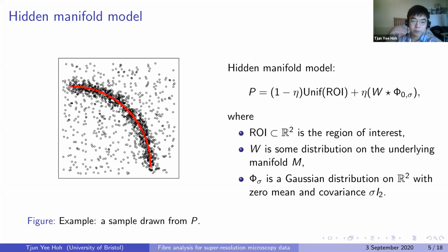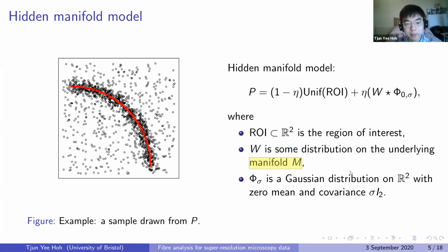Okay, so how do we model our data? The way we do it here is we consider a hidden manifold model. So in the first bit, we have a uniform distribution on the region of interest, which simply governs the background noise. And the second part, we consider a distribution on a manifold M, given by W here. This manifold is simply a low dimensional curve.